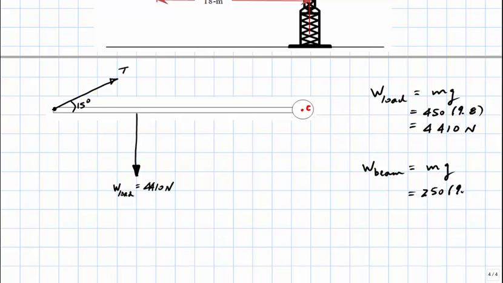G, of course, equals 9.8, and the result equals 2450 newtons. The weight of the beam must be drawn at the center of the beam, and that's because the beam is uniformly distributed. That means that the weight appears to be concentrated at the center of the beam. And so we will represent the weight of the beam with this arrow.